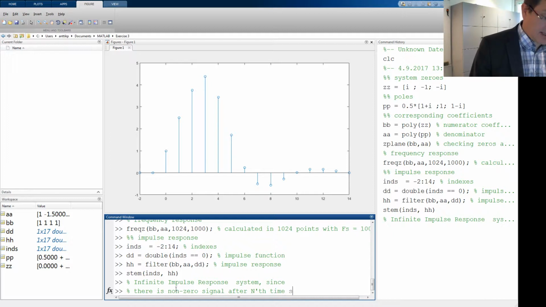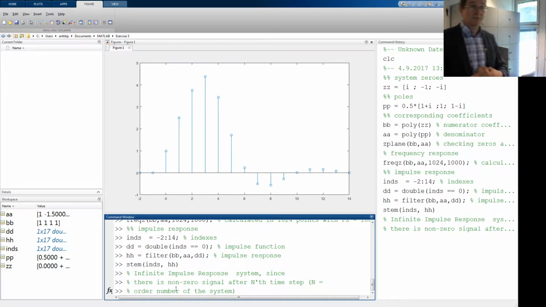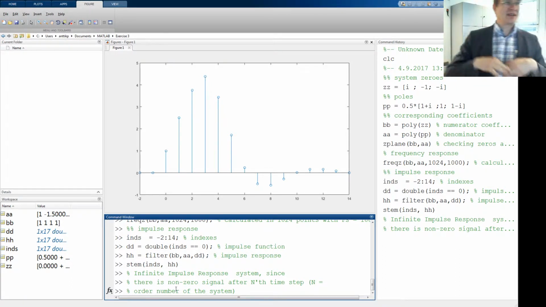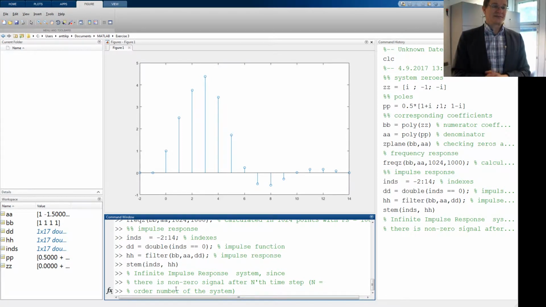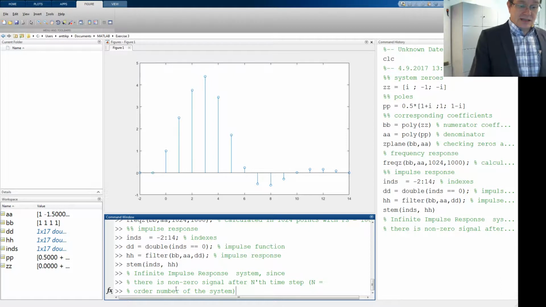Where the n actually is the order number of the system. That's actually also the highest order delay. If there's anything after that, then it's IIR. Yes, excellent. So that's an IIR system.